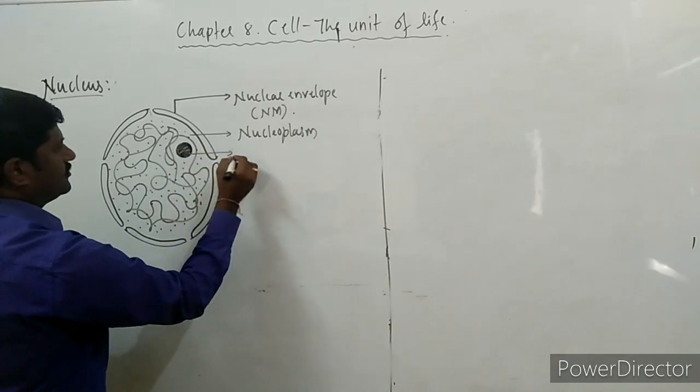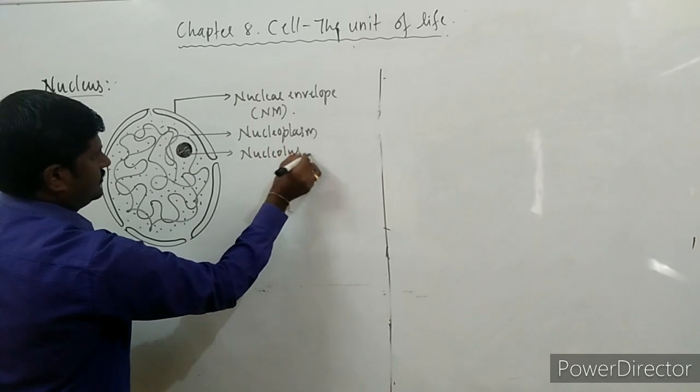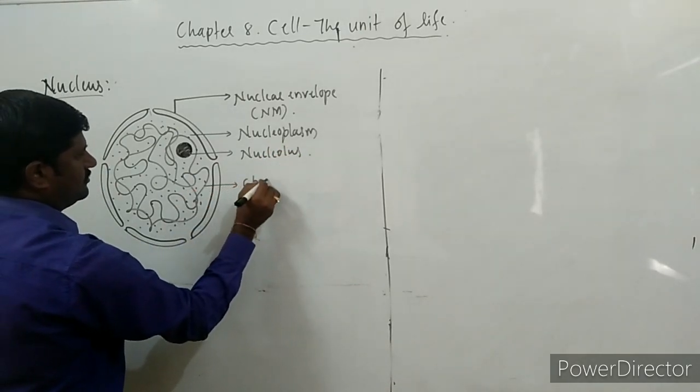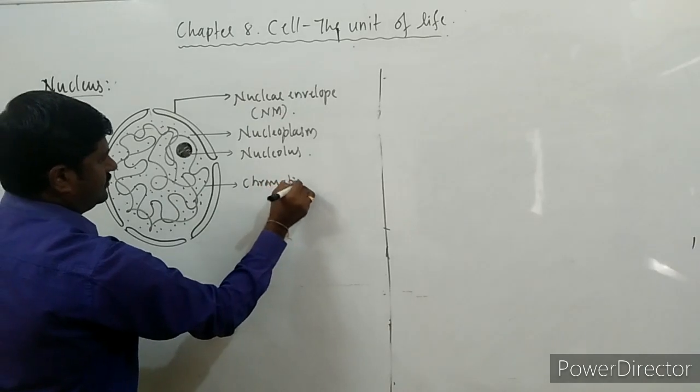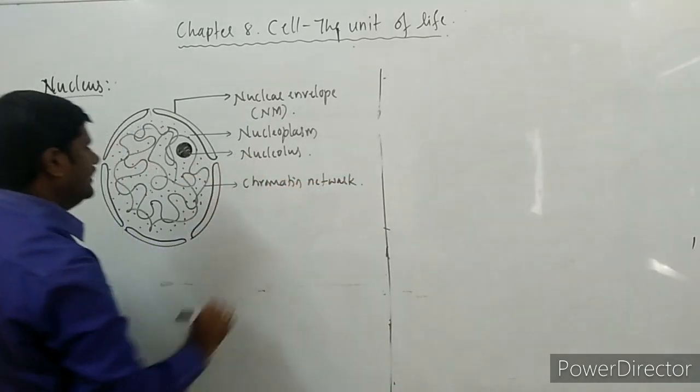And this is the structure which is nucleolus. And this is the thread-like material, chromatin network, right?